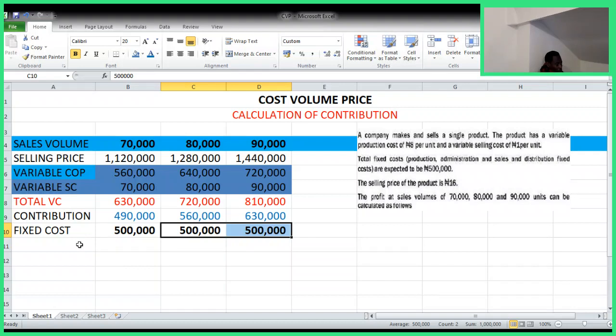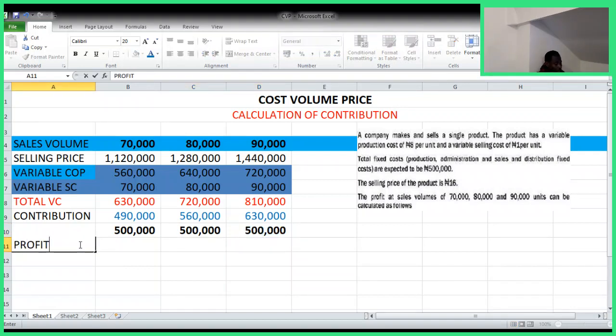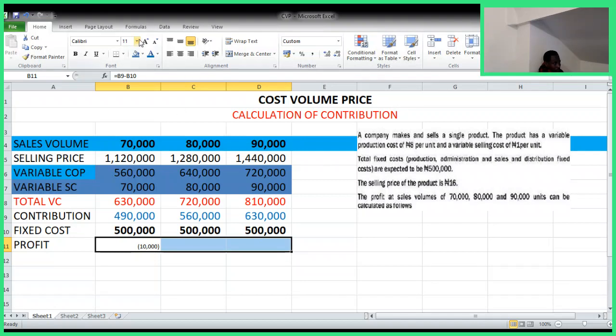Now we want to know our profit per volume of production, which is to subtract fixed cost from our contribution. So for 70, we are going to subtract 500,000 from 490,000, and of course, it's going to give a negative, right? So these ones will be giving us negative.